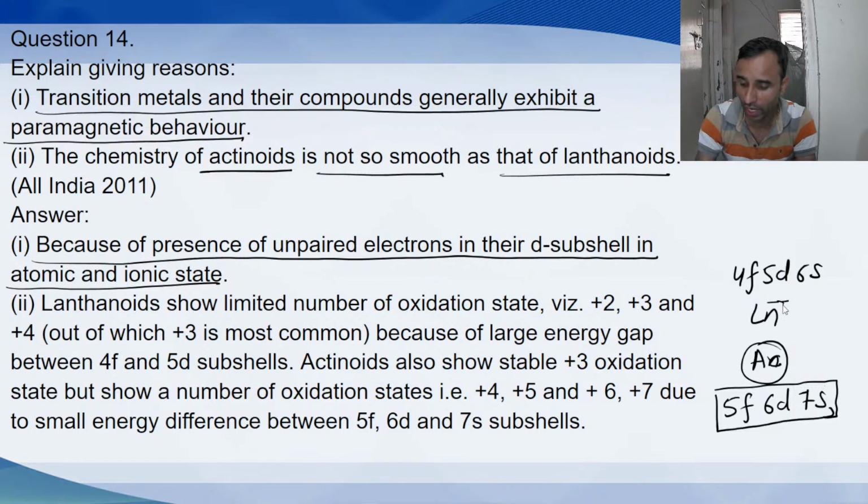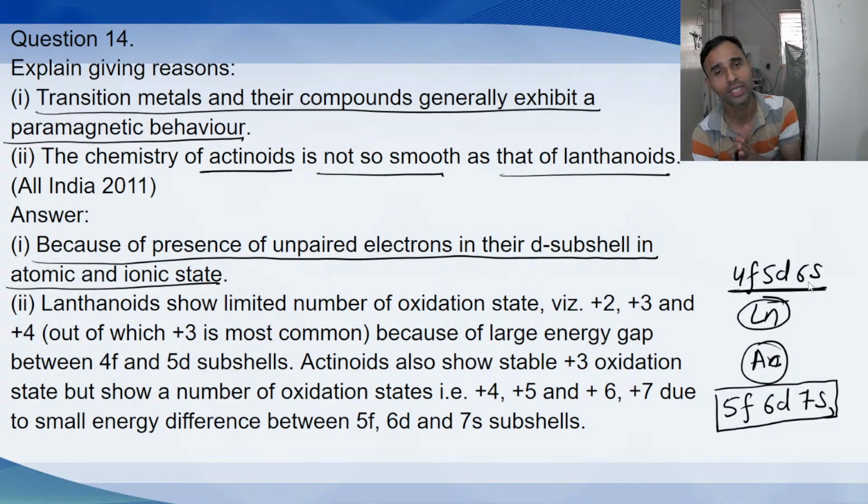But in lanthanoids, because the difference is large enough, they show oxidation states of +3, +2 and +4 only.